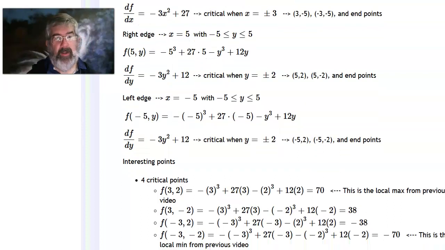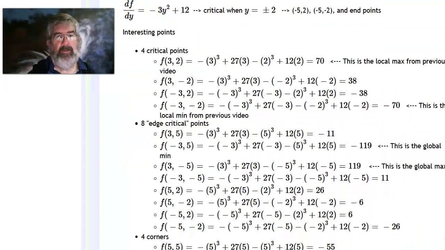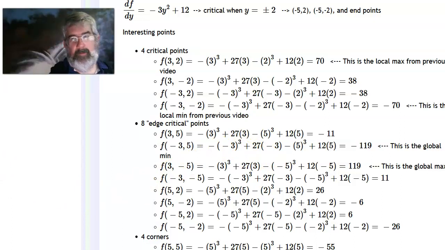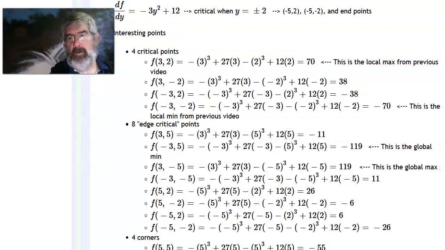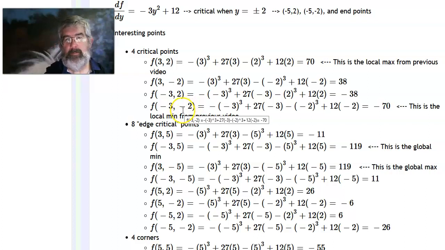So together, I have got a bunch of interesting points, a bunch of candidates for being the max and mins globally. Right? I'll move over a little bit here. There were 4 critical points on the interior. Right? So I'm just going to take those and plug them in to see what the function value is.